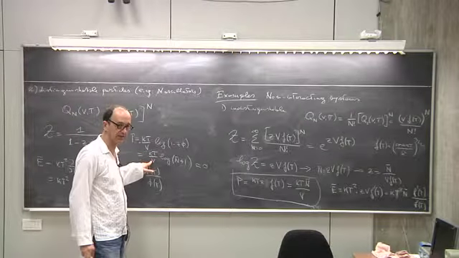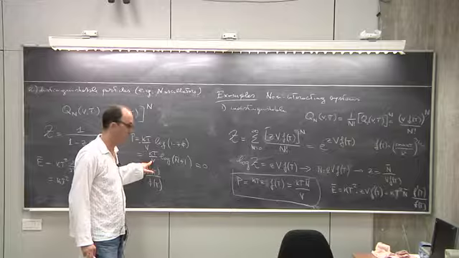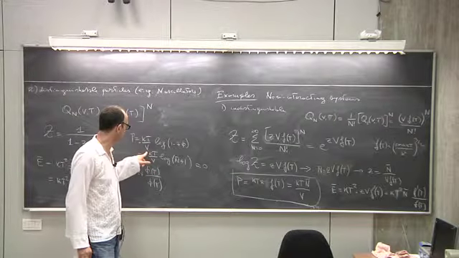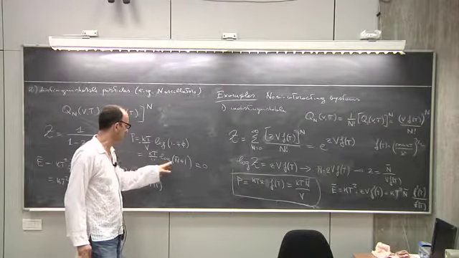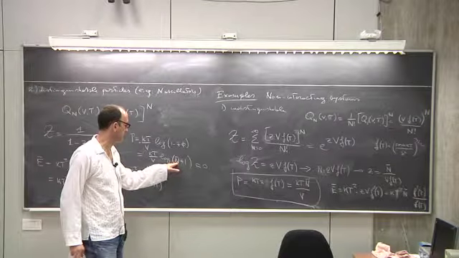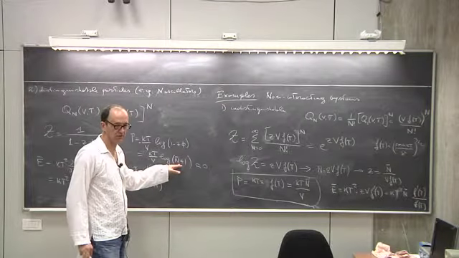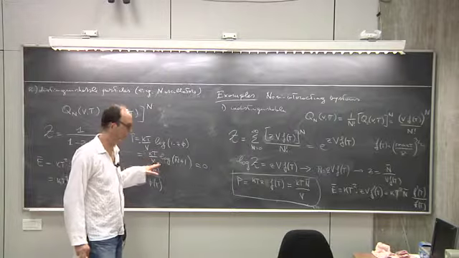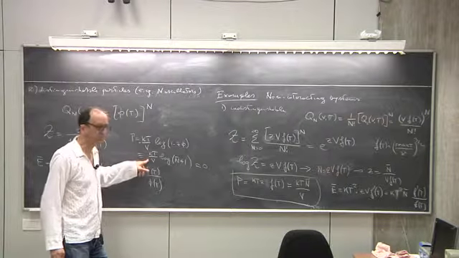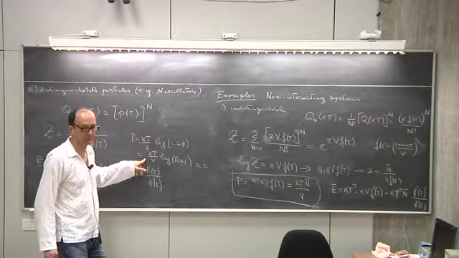This V is extensive, okay? So the pressure is inversely proportional, well, and the log is small compared to an extensive parameter. So this is proportional to 1 over an extensive quantity.